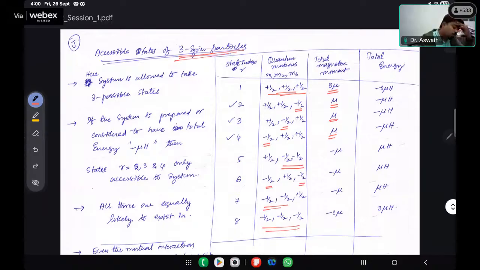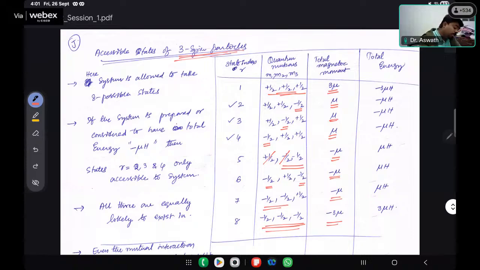If I have two particles of negative magnetic moment, one of them cancels the other, so I am left with minus mu as the overall magnetic moment. How many of that kind are there? 3 of them. Now the other extreme situation is all of them arranged in a negative spin manner, so their magnetic moment would be minus 3 mu.